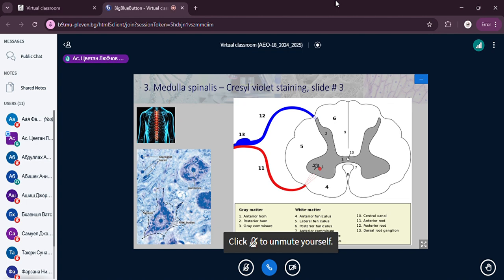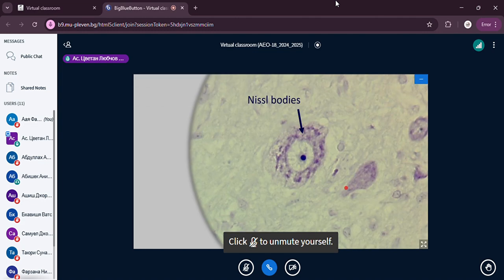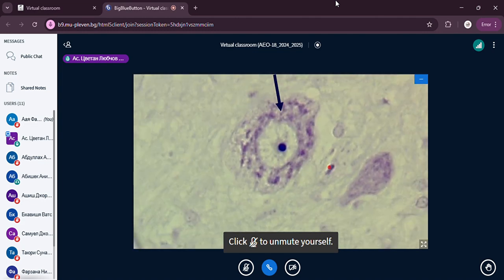You remember from last time that those cells, we said they are multipolar or star-like cells. Now we're going to dig into these star-like cells and we're going to see that with the cresyl violet, we're going to observe staining of the nucleus, but not the whole nucleus as you're going to see here, just a specific part of the nucleus which gets stained. This is the nucleus.